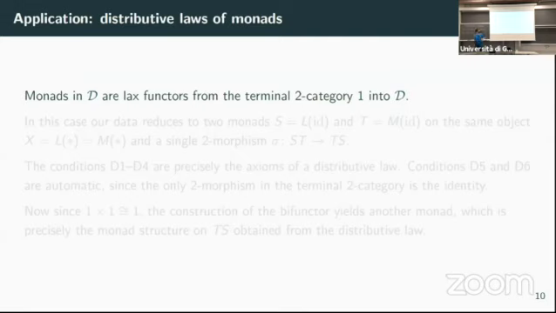So the terminal 2 category will just have a single object, and then it'll have the identity 1 morphism and the identity 2 morphism on that, and nothing else. And when we specify a lax functor, we essentially need to send the object to some object. We need to send the 1 morphism to some 1 morphism, so the identity to some 1 morphism, but that 1 morphism won't necessarily have to be the identity. But it'll need to satisfy some conditions, and the compositor and the uniter will give you the multiplication and the unit of your monad.